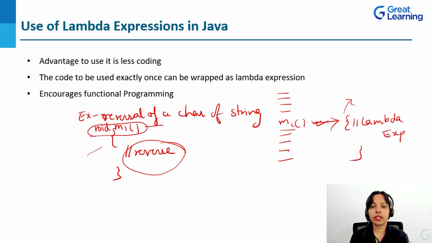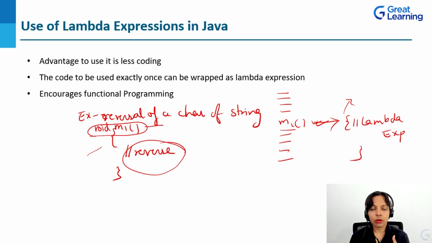So the first advantage is that less coding is involved. You don't have to explicitly write a method, call the method and all that. Secondly, it benefits code which has to be used in the entire program only once.